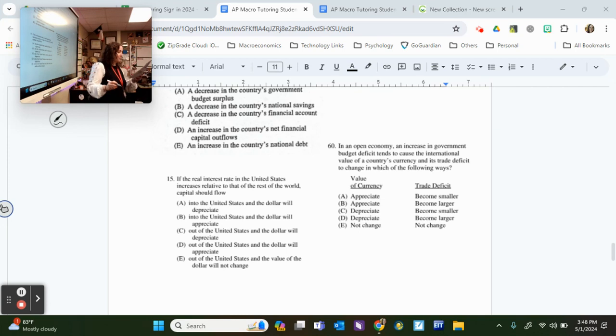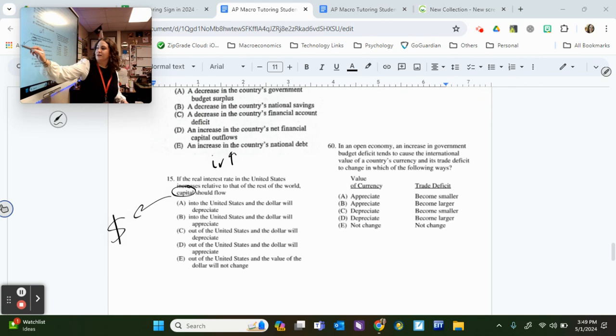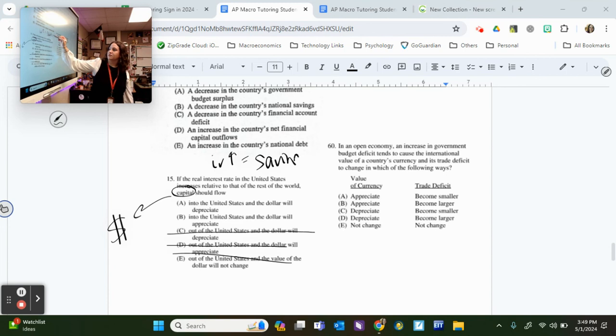Okay, an increase in the real interest rates. Interest rates went up in the U.S. If the interest rate in the U.S. increases relative to the rest of the world, capital should flow. Remember, capital in this case means money. Where's money going to go? Into the United States. So we can get rid of this and this and this, because they want to take advantage of our sweet, sweet interest rates. Because remember, this is interest rates on savings accounts.